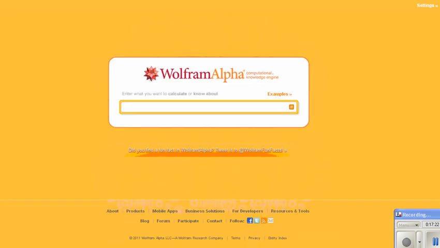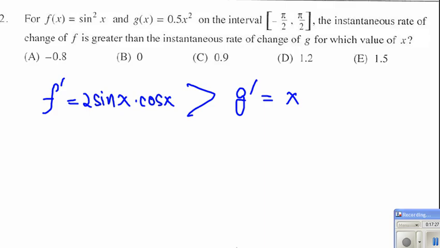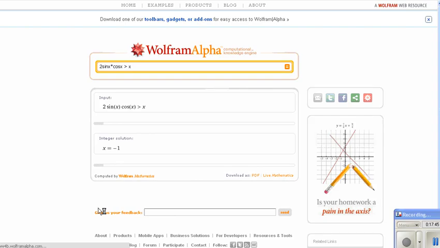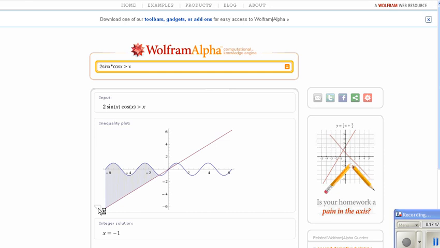Value going right here. So we have 2 times cosine x has to be greater than x. When is it? So we realize around here. So that's when it's greater at this particular point.